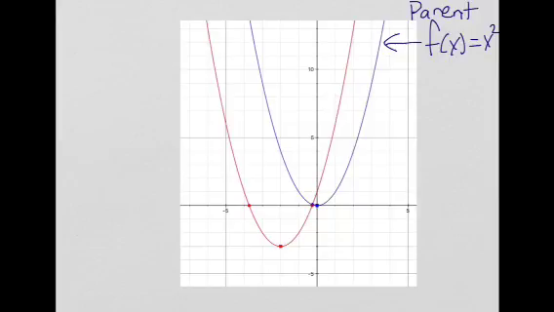So now let's look at what happens when we translate this. In blue here, I have my parent function. I'm going to use function notation: f of x equals x squared. And remember, f of x is just another way of saying y. We have the vertex at (0, 0). We're going up 1, 3, 5, with that same pattern.